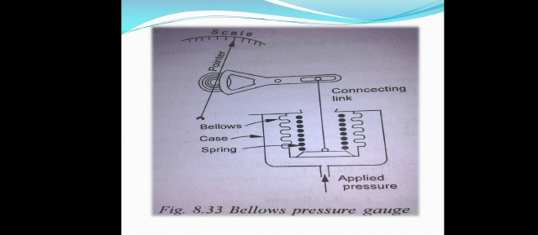When we apply the pressure at the bottom of the casing, the pressure comes to the bellows. Bellows will be compressed, and the spring is also compressed due to the application of the pressure. At that time the connecting link is attached from the sector to the casing or the bellows.